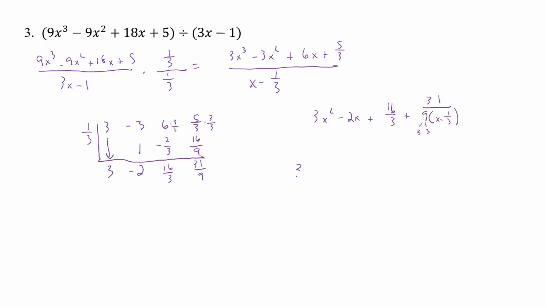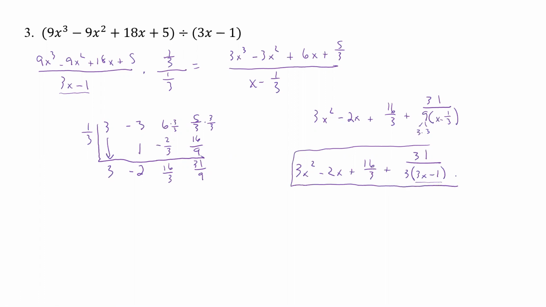So that gives us 3x squared minus 2x plus 16/3, then plus 31 over. Now if we multiply one of these 3's, all we're left with is that one. And then 3 times that's 3x, 3 times that's going to be minus 1. And so then we have that original divisor in the denominator, and our fraction is then 31/3. Okay, so then that would be the final answer here.